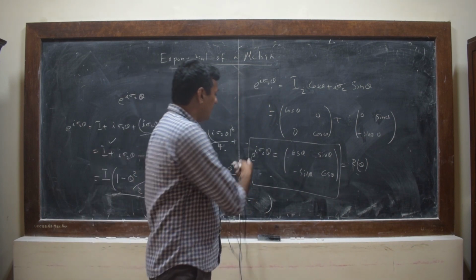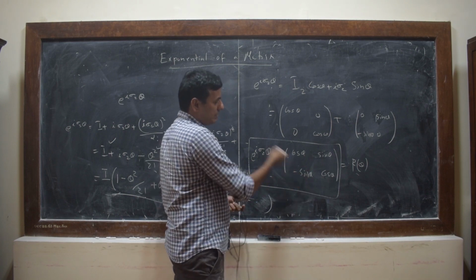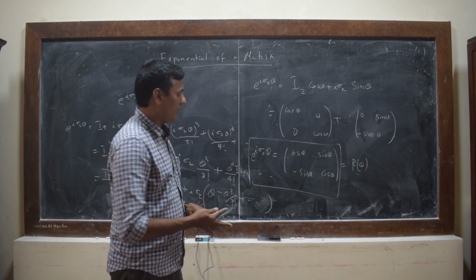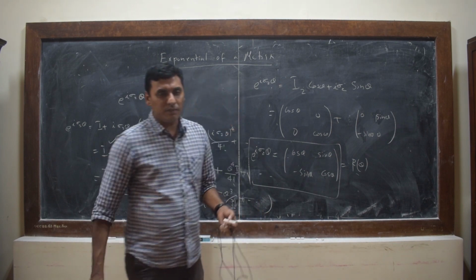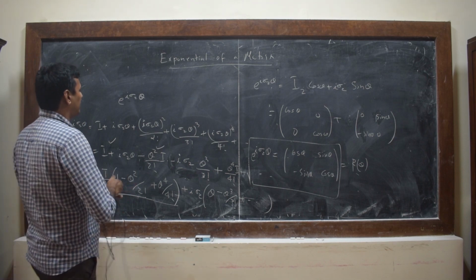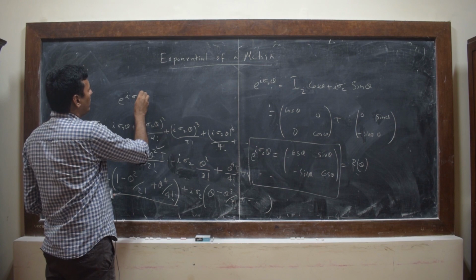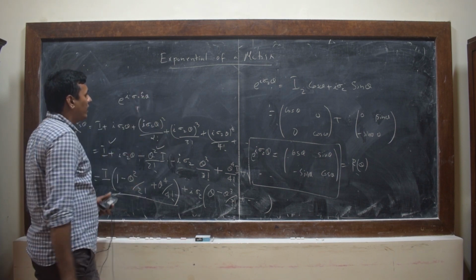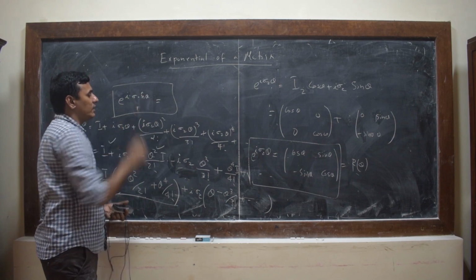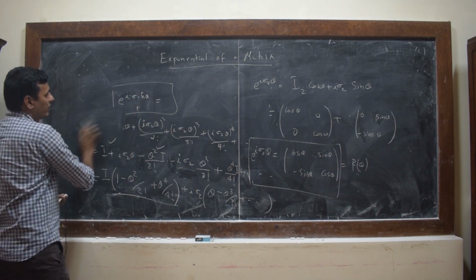So you can see that it's an exponential of a matrix, and as we said it's a 2 cross 2 matrix, and it's a very familiar matrix for you. Similarly, you can generalize it to i sigma dot n theta. So we will discuss this in the tutorial session.